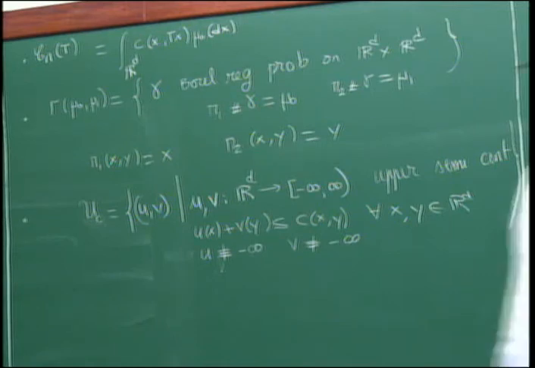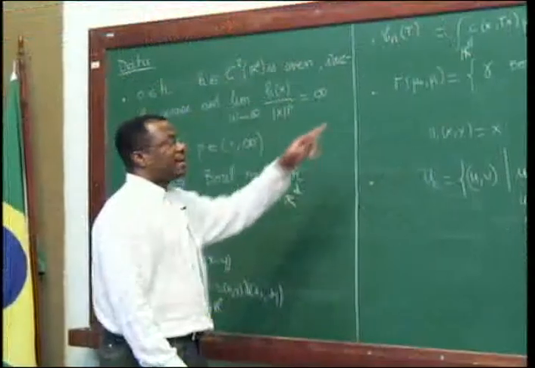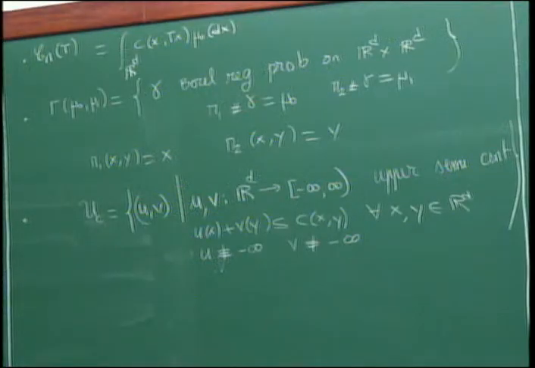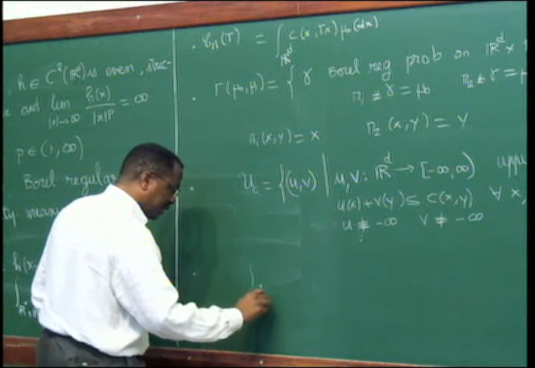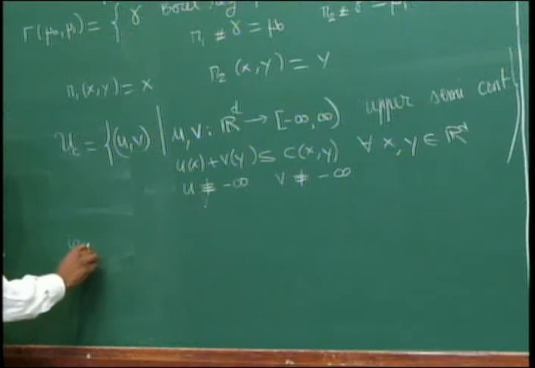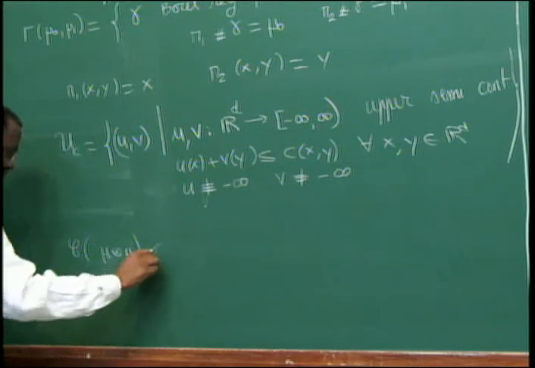So to avoid triviality, we are going to assume that the infimum of C over gamma is not plus infinity, because if it is plus infinity, everything is a minimizer. A sufficient condition for C not to be identically infinity is we are going to assume that the integral over RD cross RD of c d(mu naught mu 1) is less than infinity.